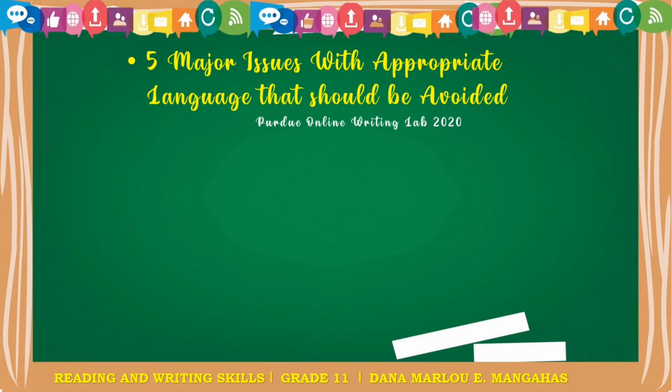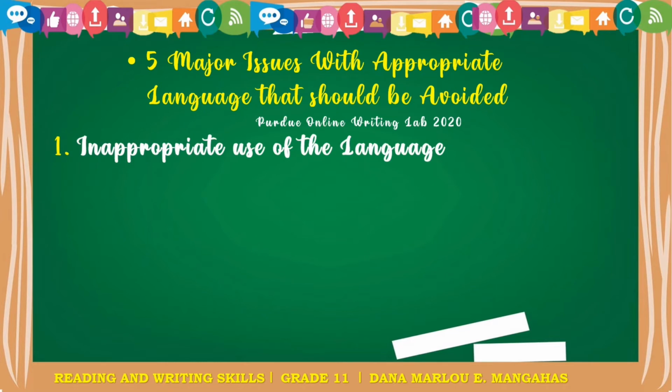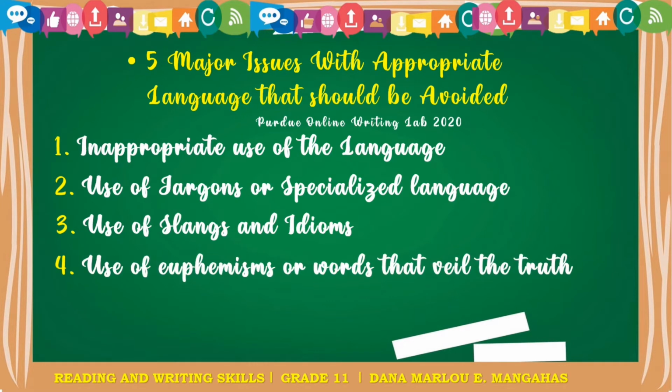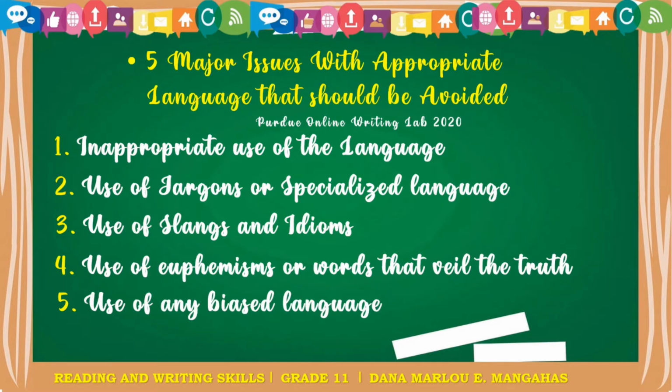They are: number 1, inappropriate use of the language; number 2, use of jargons or specialized language; number 3, use of slangs and idioms; number 4, use of euphemism or words that veil the truth; number 5, use of any biased language.